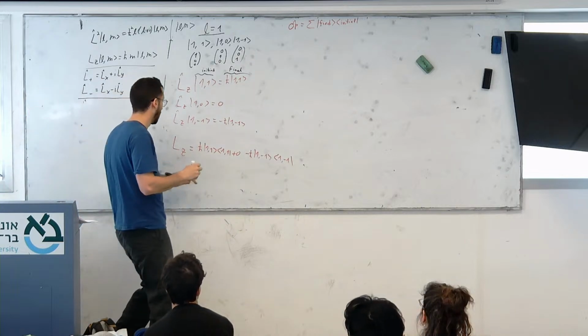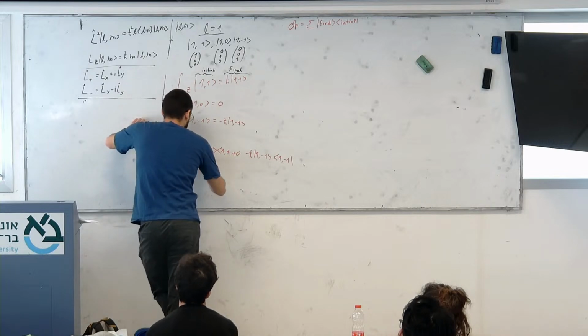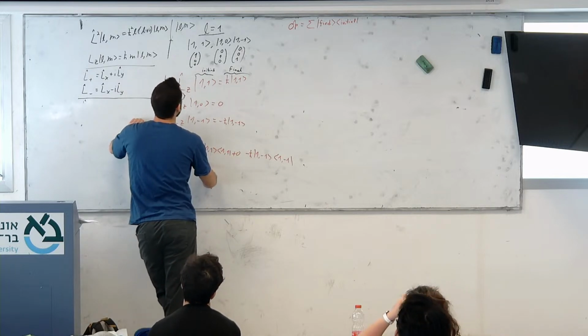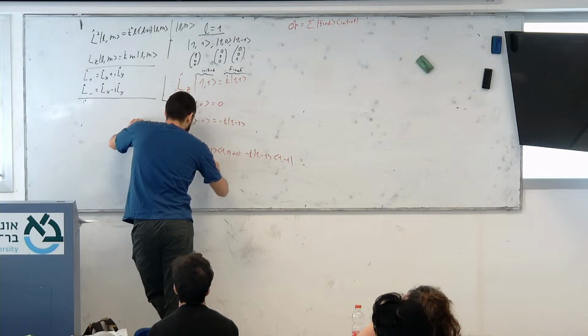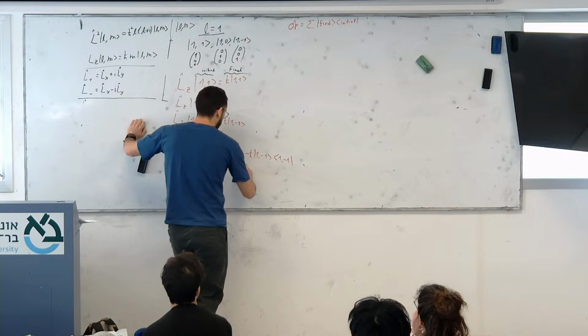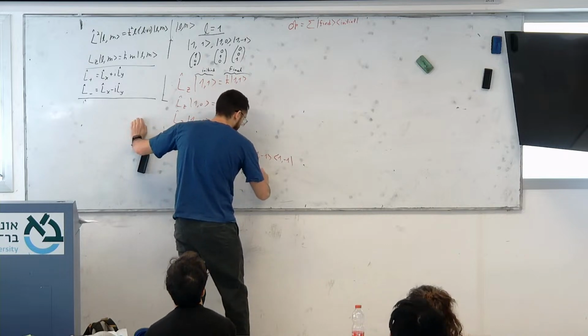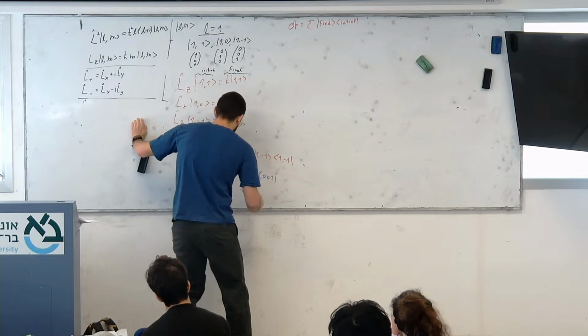Up until here it makes sense, okay. Let's write it in vector form. You have h bar, 1, 1, which is going to be 1, 0, 0 times 1, 0, 0, minus h bar, 0, 0, 1, 0, 0, 1.